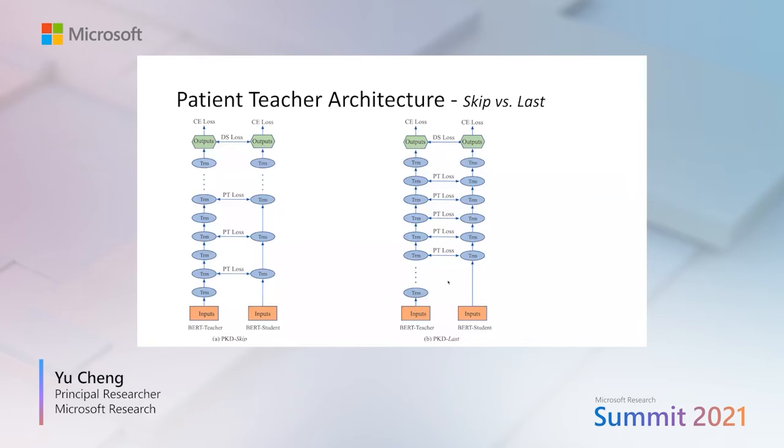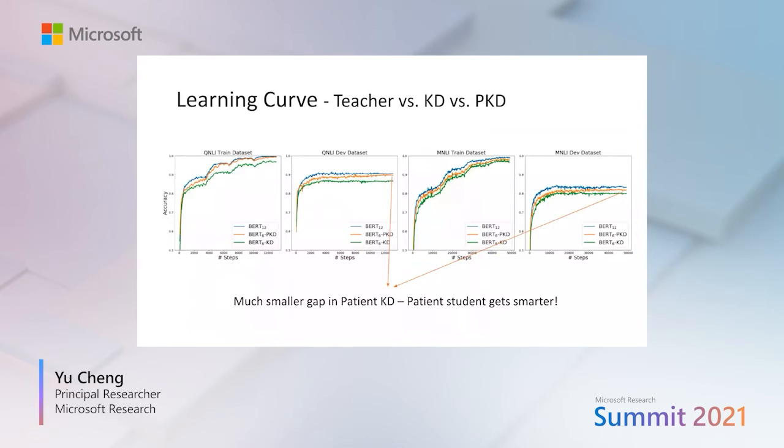These two types of intermediate layer calculations, which we call skip, match the student and teacher model skipping layers, and also the last type, called PKD-Last, matches the last layers of the teacher and student model. Empirically, we find the skip type works better than last.